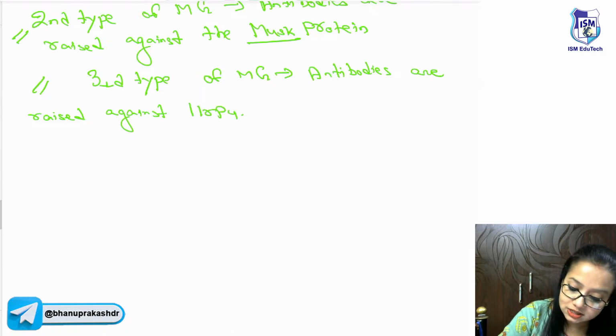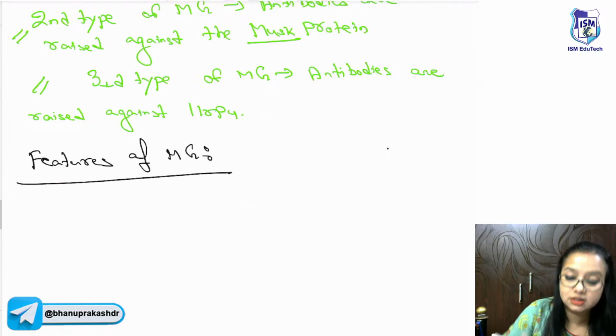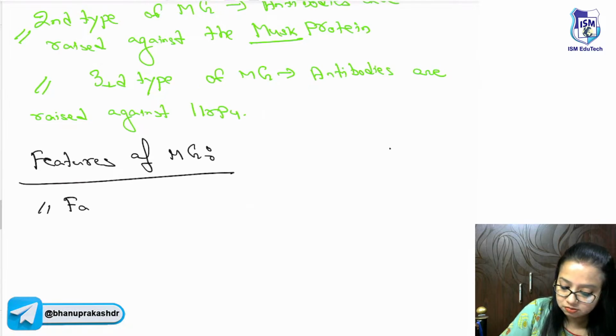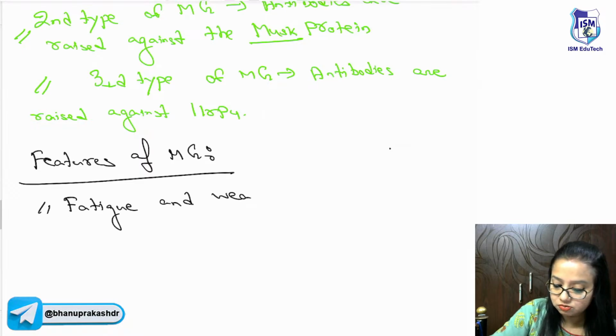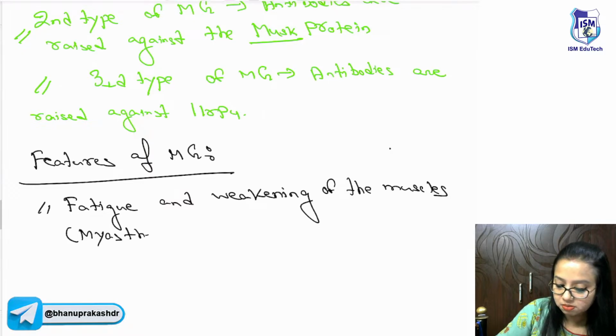Okay. So what are the features of this? The features of myasthenia gravis as manifestation is fatigue and weakening of the muscles, which is called myasthenic fatigue.